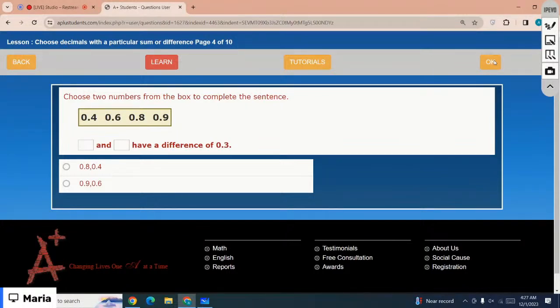Okay, choose two numbers from the box to complete the sentence. Dash and dash have a difference of 0.3.